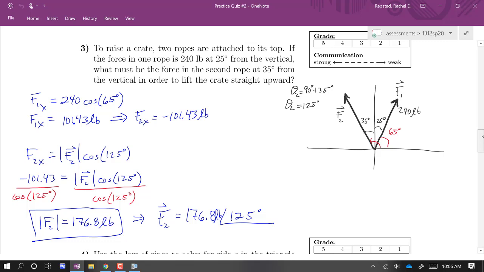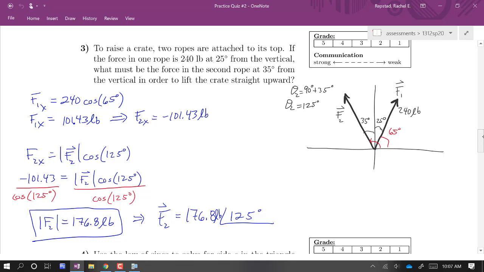And then we have this other force vector. They don't tell us how much force it is, but I know it's 35 degrees from the vertical in the other direction. It would only make sense for it to be in the other direction, because otherwise the crate isn't just being lifted, it's being moved horizontally. So the concept behind this problem is that since it's just being raised, their forces combined end up just being a vertical force.